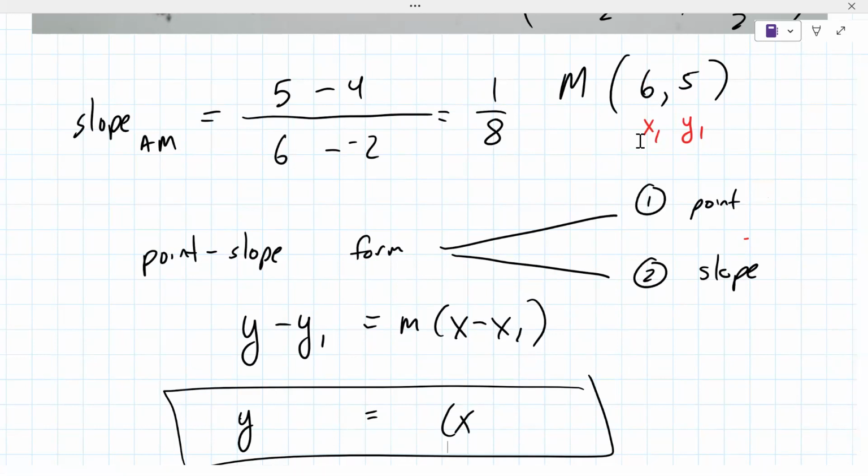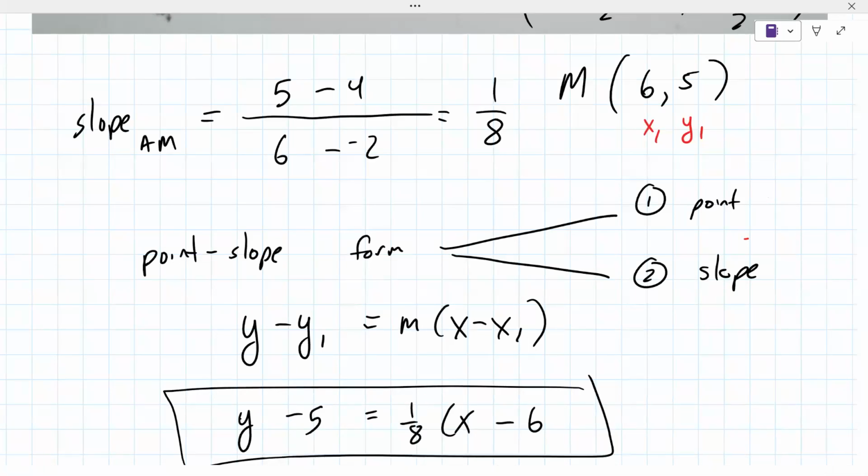So Y minus 5 equals 1/8 parentheses X minus 6. Okay. Right.